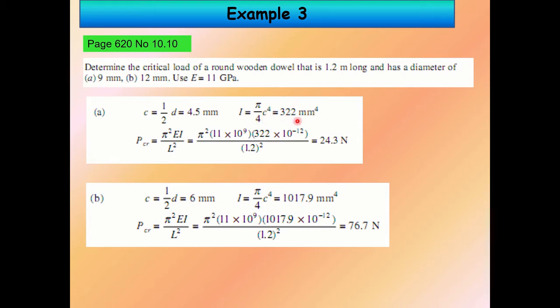Substitute the I value into the Euler equation. You can determine the value is 24.3 Newton. For diameter 12, the I value is 1017.9. Substitute the inertia into the Euler equation. The P critical is 76.7. If the diameter increases, the P critical also increases.